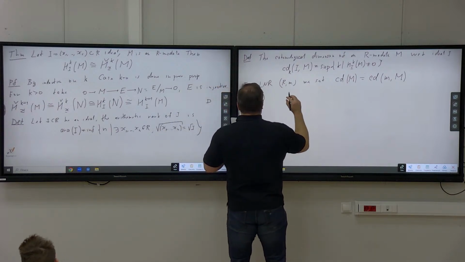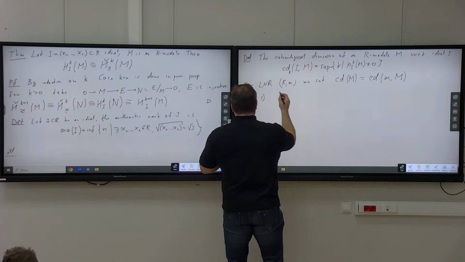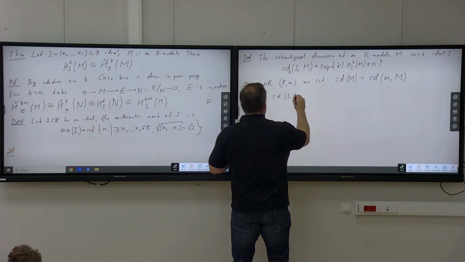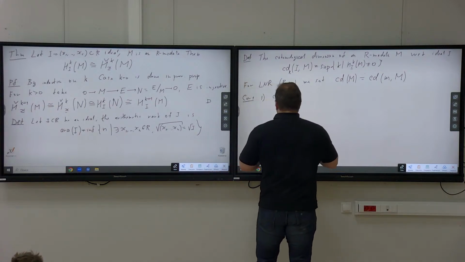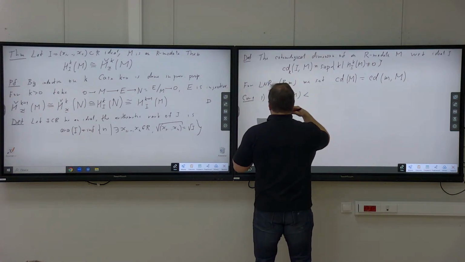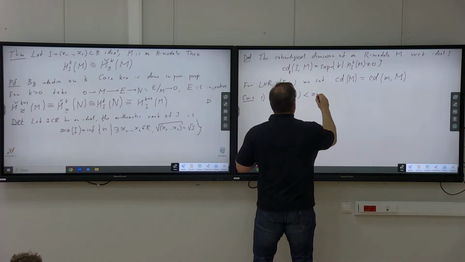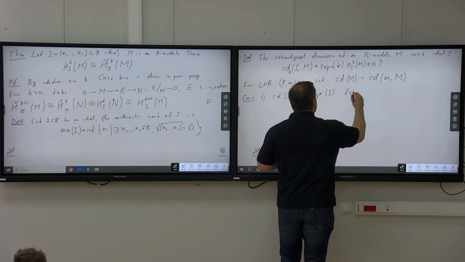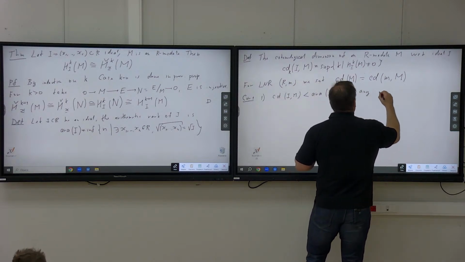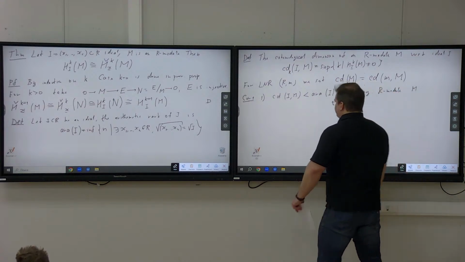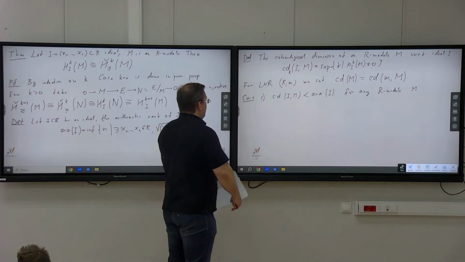And the statement now is the following, that the homological dimension for the pair I and M is less than the arithmetical rank of the ideal I, and this is for any R module M. Right?